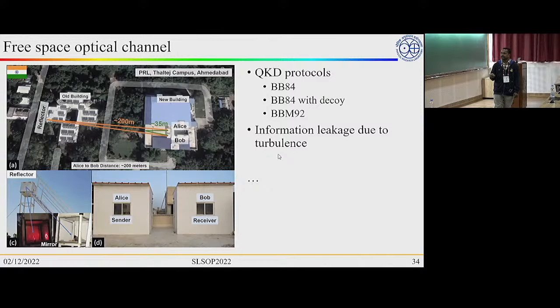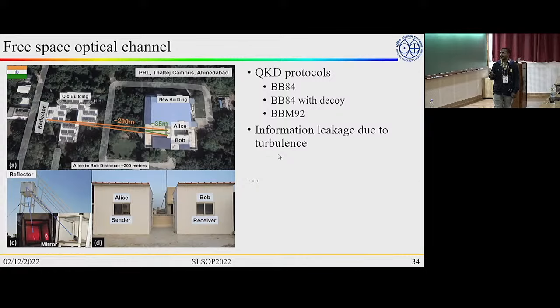One is for Alice and one for Bob, because we are mostly doing QKD experiments there. On the other side there is a reflector on a post on a breadboard. Light comes from here, goes there, and then gets measured.